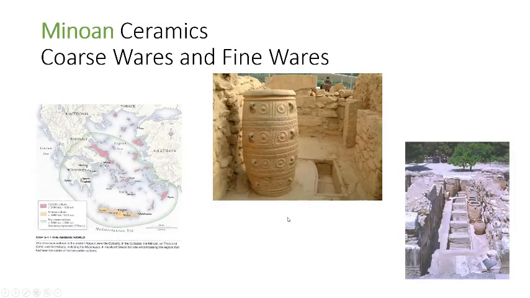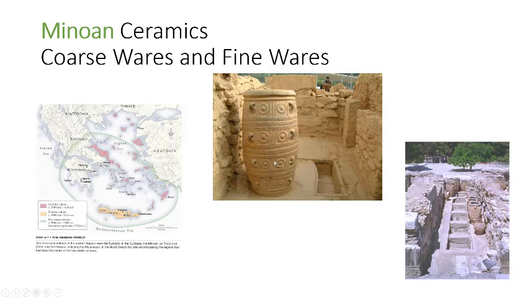Here we go. Minoans, you remember them? They had coarse wares and fine wares. These two terms are very common when you're dealing with ceramics in the ancient world. Coarse wares are simply that, those vessels that are made with pottery that's not very fine, got lots of big chunks in it.